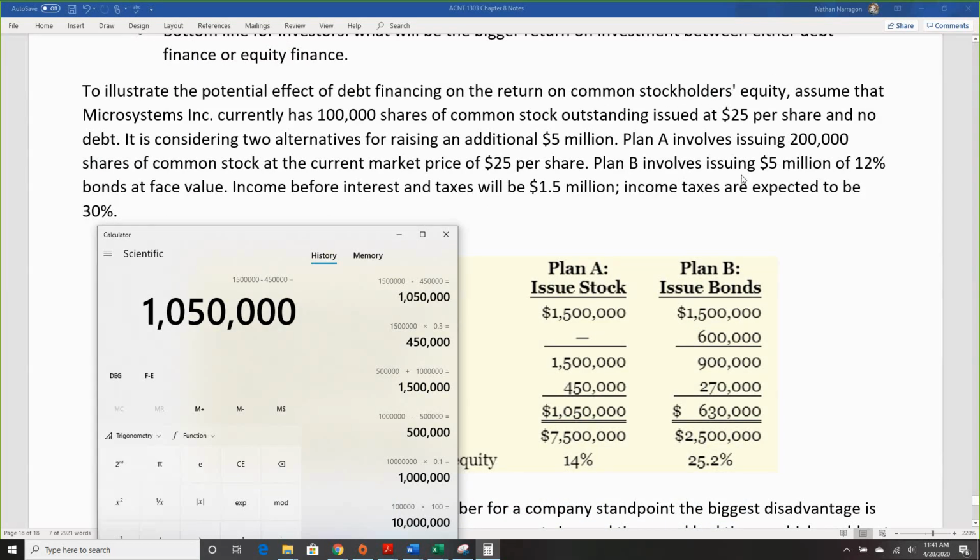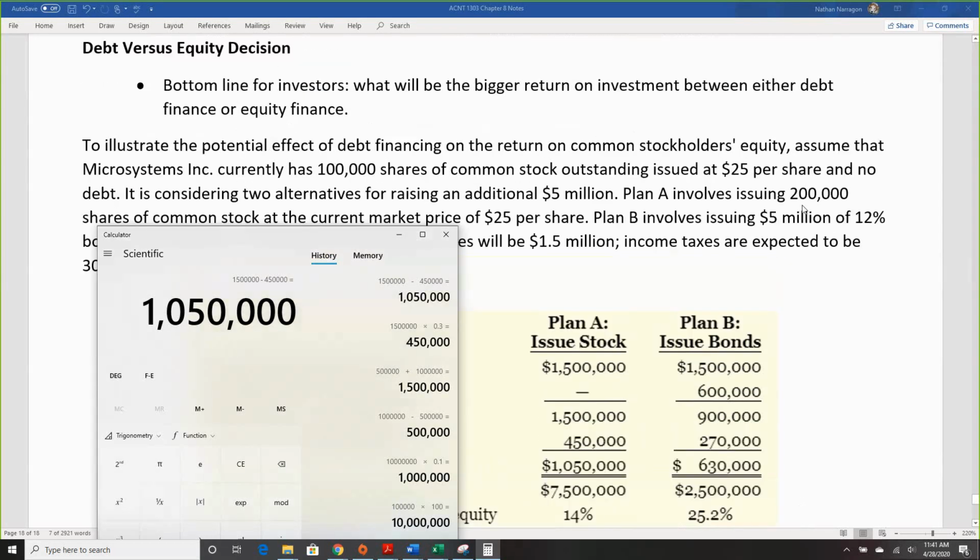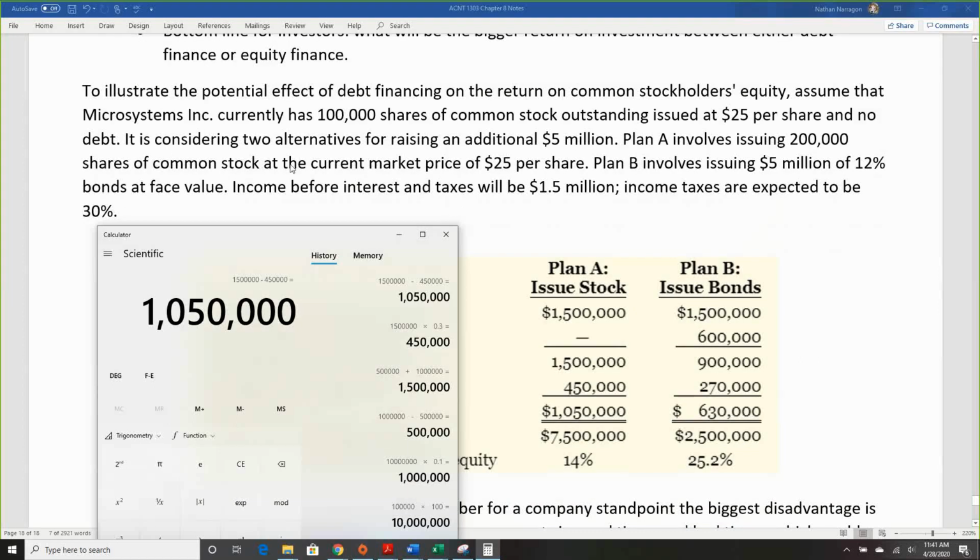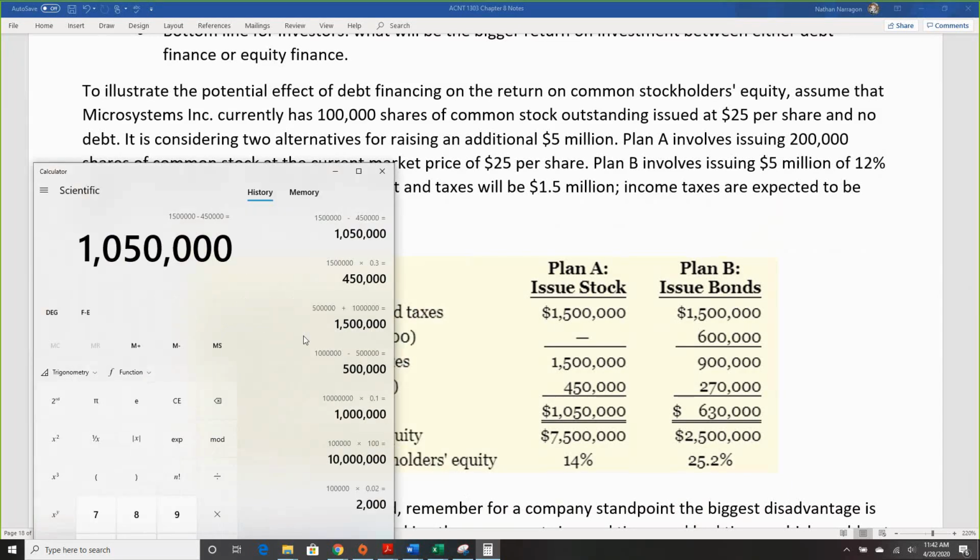Plan A involves issuing an additional 200,000 shares of common stock at the current price of $25 per share. Right now they have 100,000 that they issued at 25. That's the original stock. This is how we see it right here, unlike the bonds, because they don't issue additional equity.